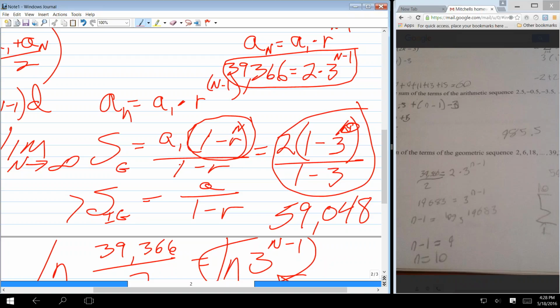You need both formulas to do either problem, because you have to figure out what n is in order to figure out the sum. And you can't figure out n without the explicit general formula for the nth term.